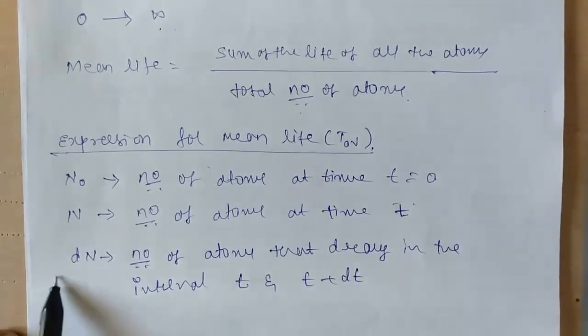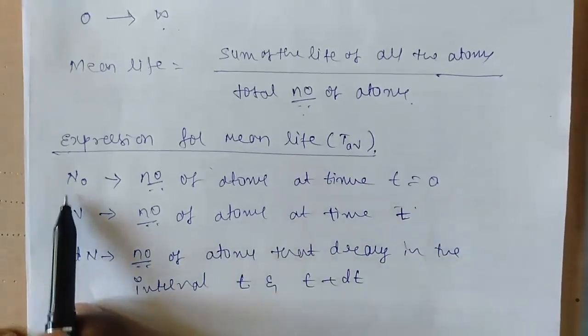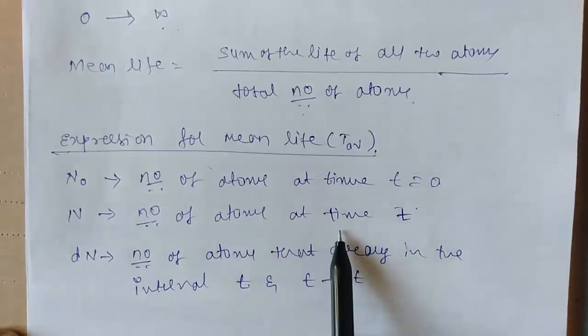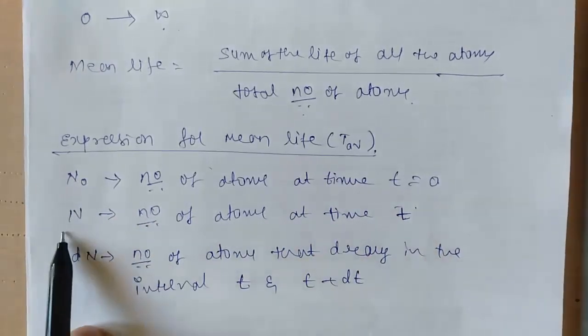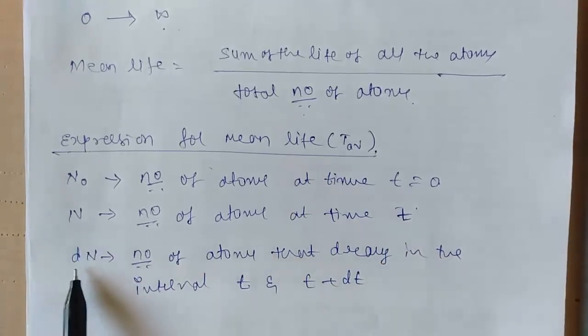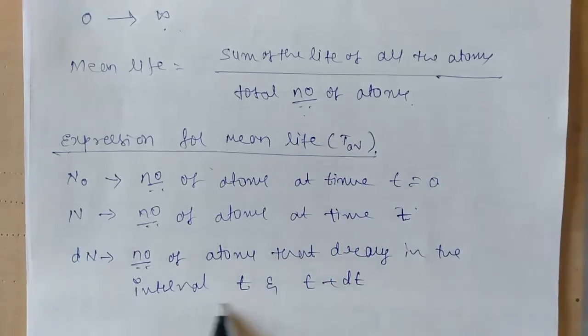The number of atoms at t equal to 0 is n0, the number of atoms present at any instant t is n, and dn is the number of atoms decayed within the interval t to t plus dt.